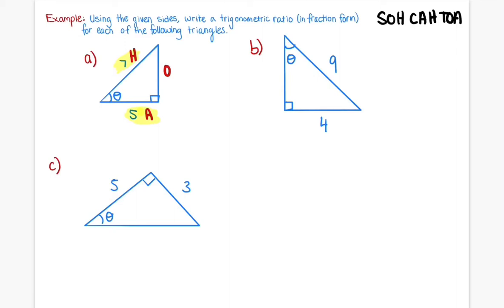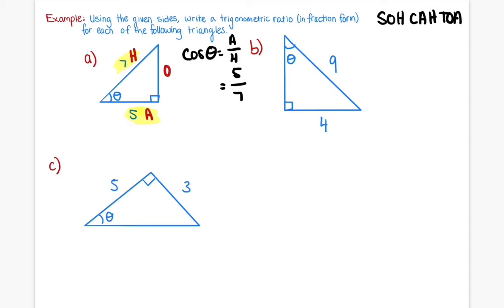So I'm going to use the cos. I'm going to write A over H. The last thing I have to do to get my ratio is substitute in these numbers. Where the A is, I'm going to put a 5, and where the H is, I'm going to put a 7. That is all you have to do for this trig ratio.